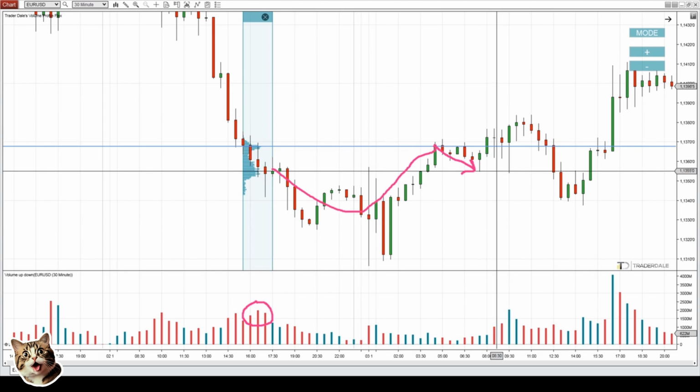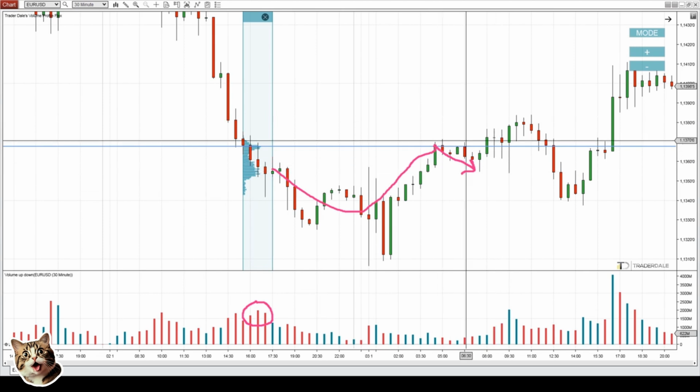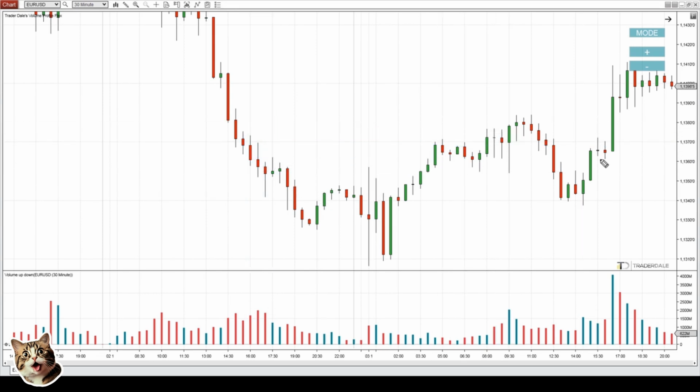A 13 pip reaction, so this one would also be a winning trade. Now another spike is in here in the Asian session. If you compare it to those volumes or to those volumes, it's not that significant, but if you compare it to those volumes around, it is significant. So because of this, this one is also a level to trade from.